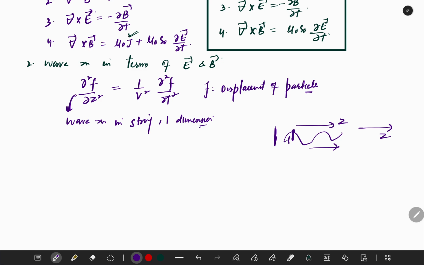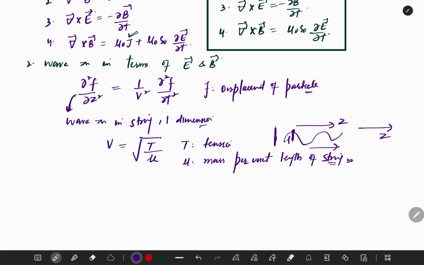We also know from high school physics that the speed is root of T over mu, where T is the tension in the string and mu is the mass per unit length of the string. So that's the very important thing.